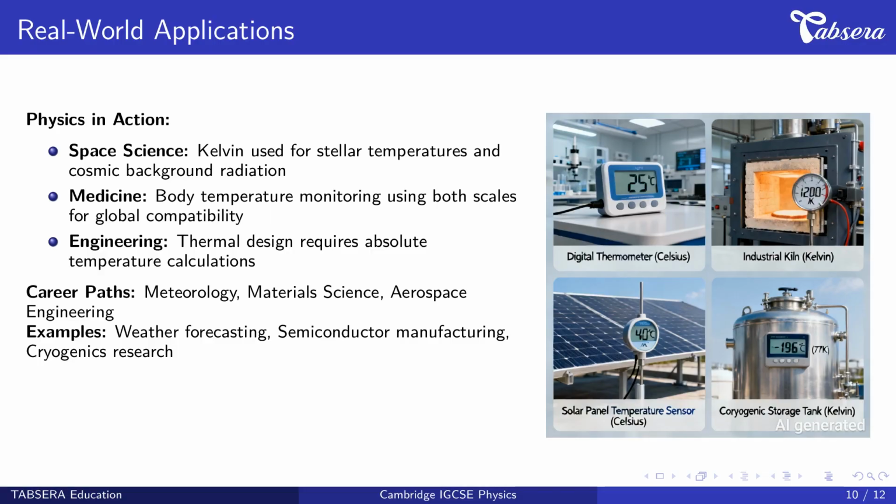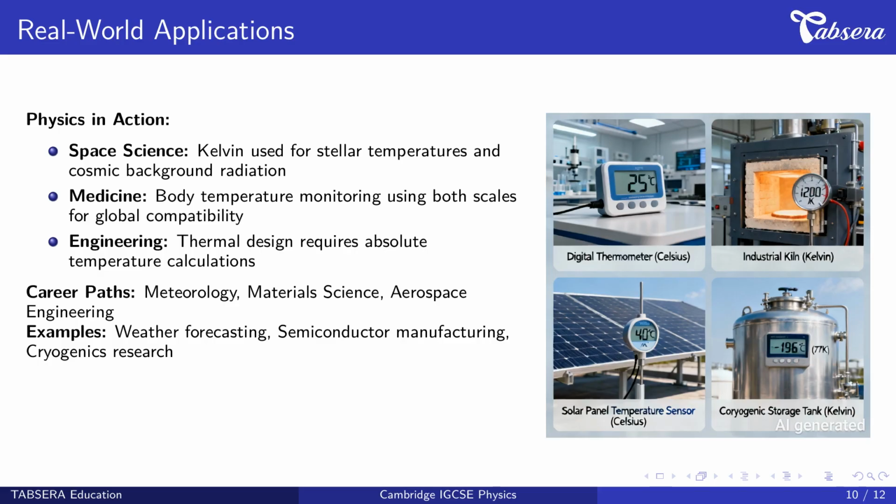Physics principles power our modern world. Let's see how temperature scales apply in practice. In space science, astronomers use Kelvin to measure stellar temperatures and cosmic background radiation because absolute temperature is essential for understanding energy emission and thermal processes in space. In medicine, body temperature monitoring uses both scales, Celsius for everyday clinical use and Kelvin for precise physiological research and international scientific communication.